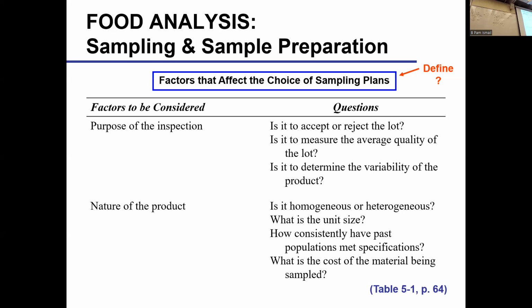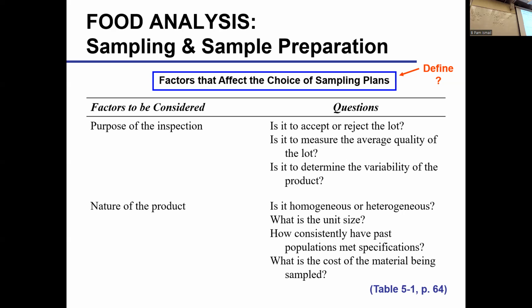Okay, so things to think about. Why am I doing this inspection? Is this test going to be to accept or reject? Is it just a general quality assessment of my lot? Is it to determine if my production is consistent with the previous production? Depending on the questions I have, it might influence the sample size, sample preparation, and all of that.